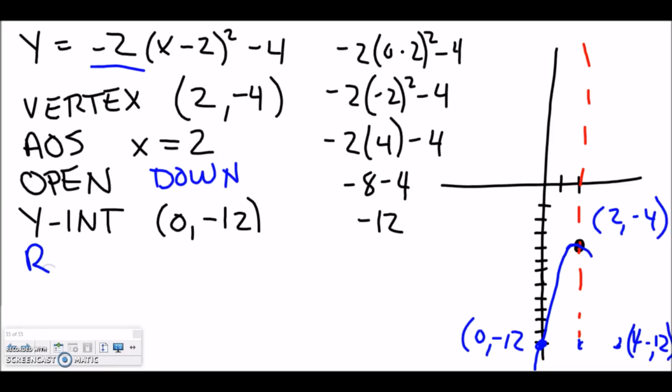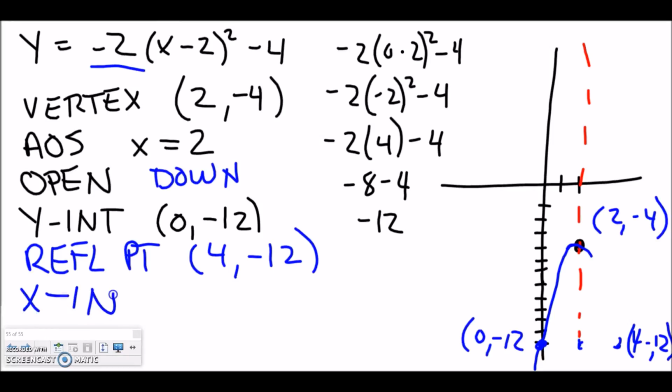So my reflective point would be at (4, -12). And the last thing we need to find is our x-intercepts. We can see that it does not cross the x-axis, so we know we should get an i. This problem should have an i in it.